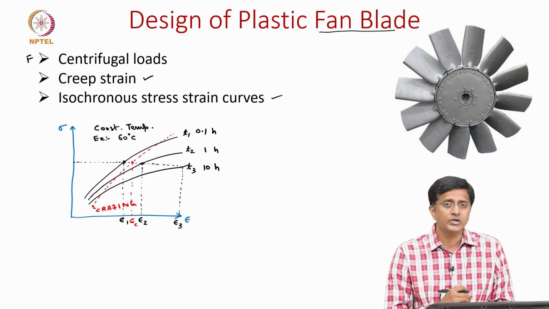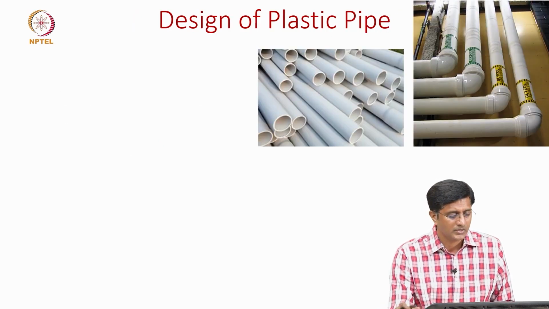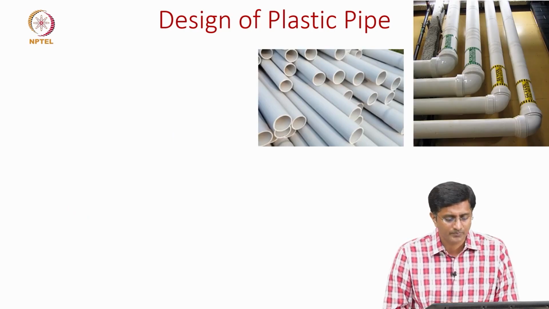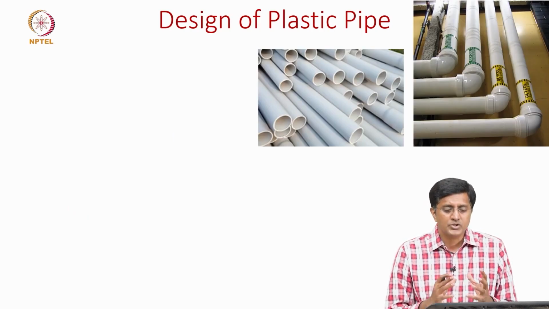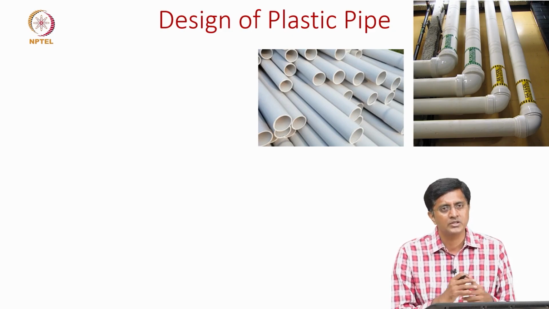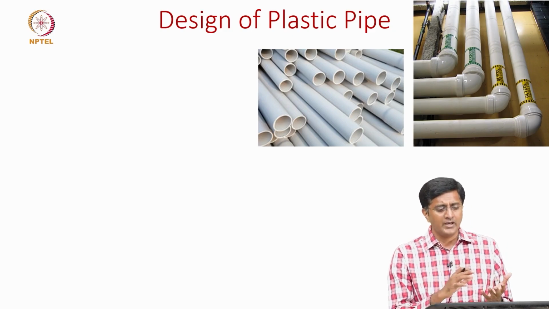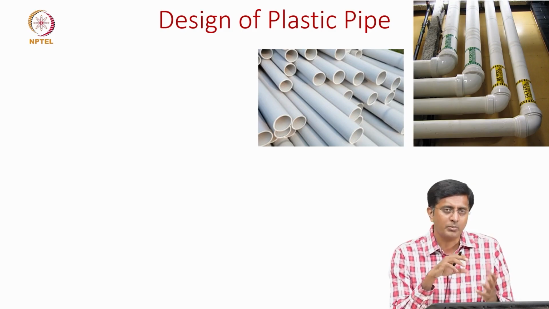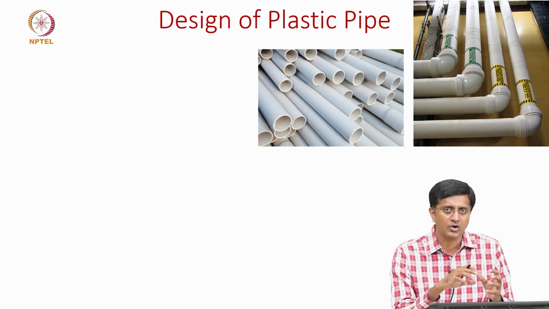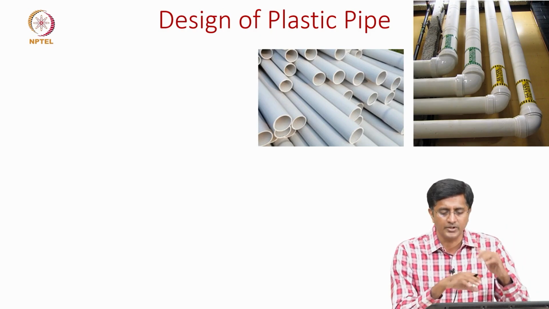So, next let us move into the second design example, which is for design of a plastic pipe. I think most of us have seen these plastic pipes at home, but they are also used on an industrial scale, such as to transport fluids, might be water or oil or other stuff. And usually these pipes are sometimes underground, which means they need to bear the loads coming from the surrounding.